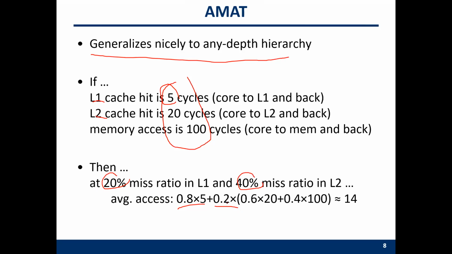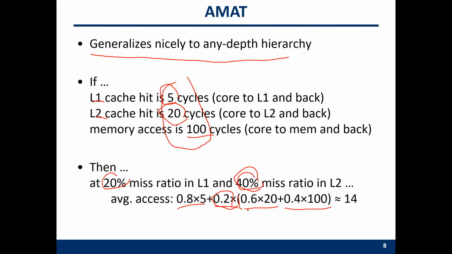Among all these 20% of accesses, 40% of them will get a miss and go to the main memory, which costs 100 cycles. The other 60% will get a 20-cycle hit in the L2.